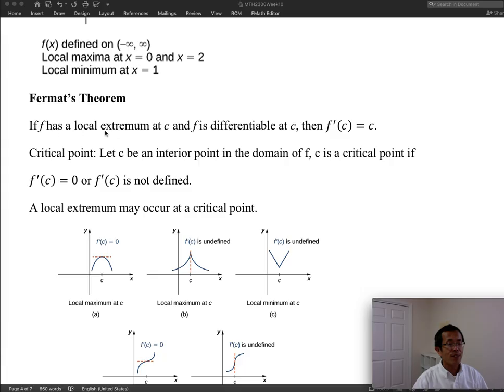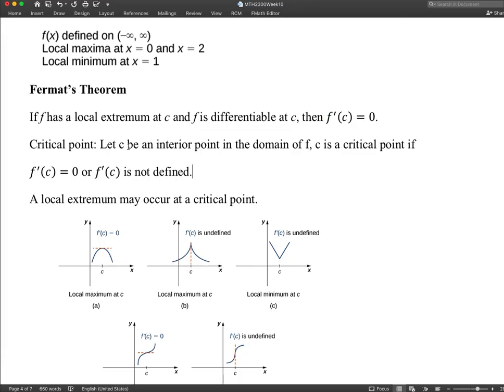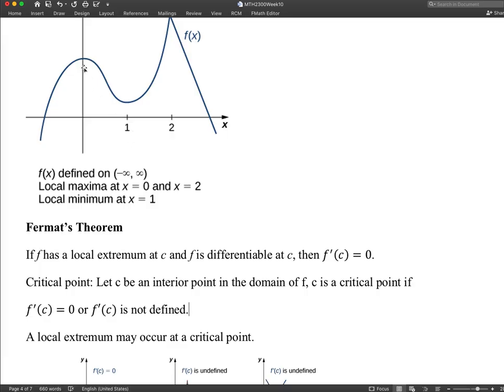If the function has a local extreme, which includes both maximum and minimum, and the function is differentiable, then the derivative of the function at that point must be, sorry, I have to correct this, it is 0. Simply put, when you have a local maximum or minimum, there is a horizontal tangent line right there.